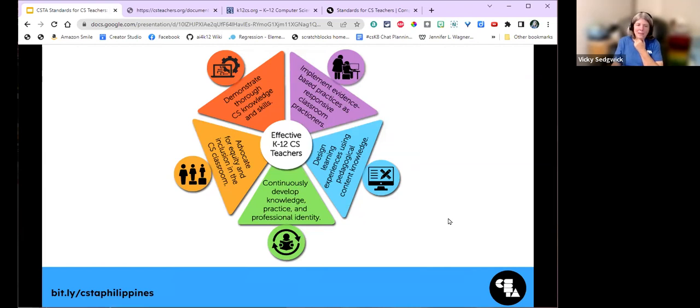But back in 2003, ISTE and CSTA wrote the initial CS educator standards, and they used to be housed at ISTE. They were written originally in 2003 and revised in 2011. But in 2019, CSTA and ISTE got together again to revise them.